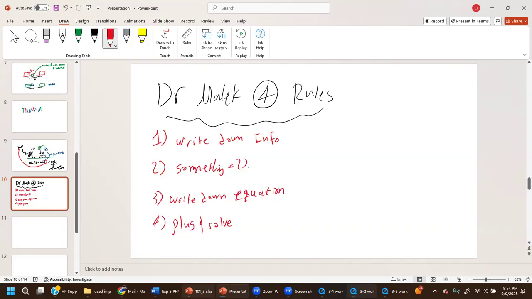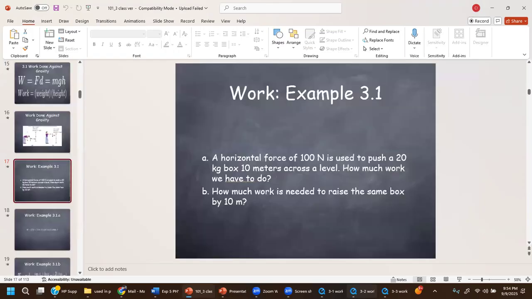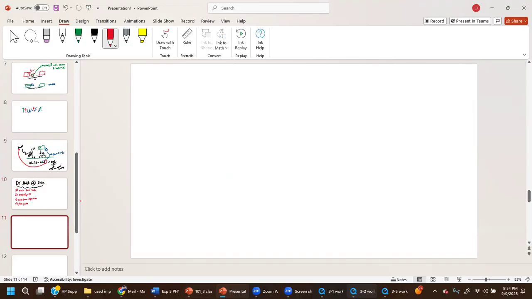So our question is: a horizontal force of 100 newtons is used to push a 20-kilogram box 10 meters across the level. How much work do you have to do, and how much work is needed to raise the same box by 10 meters? All right. So our first piece of information in this question, which is going to be your example 3.1a, is our 100 newtons.